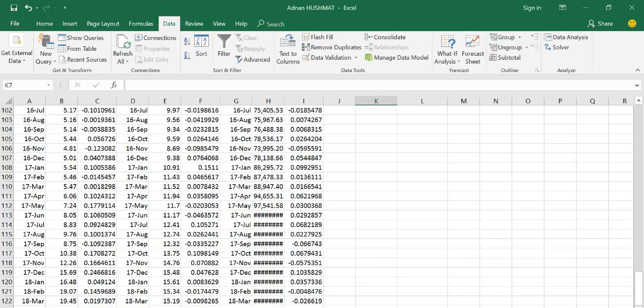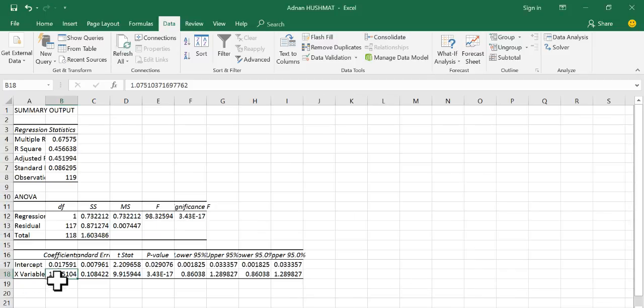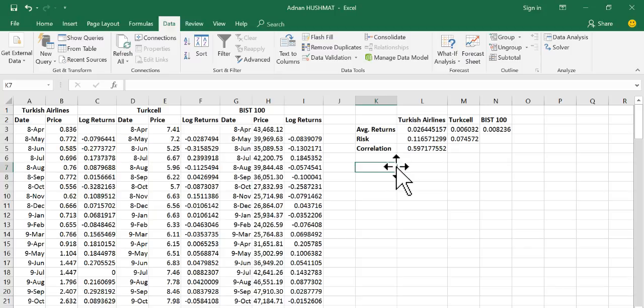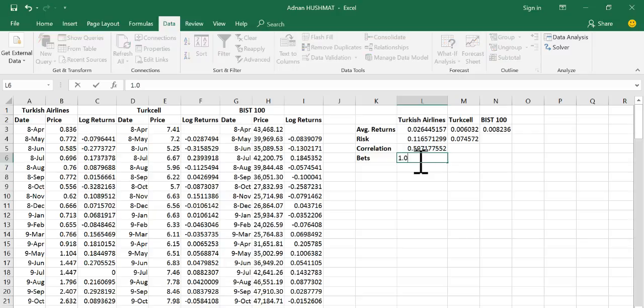So in Sheet 2 I have 1.075, and in Sheet 1 I go up and write the beta. So the beta of Turkish Airlines is 1.075. As I have explained, if the beta of a stock is higher than 1, it's an aggressive stock.